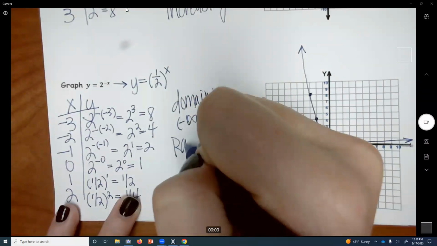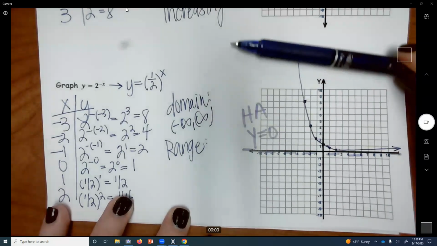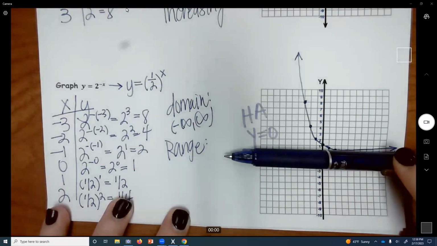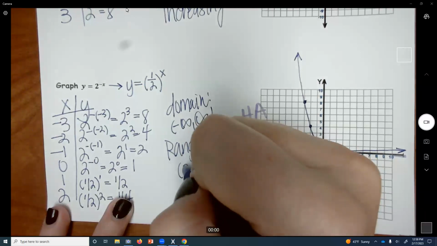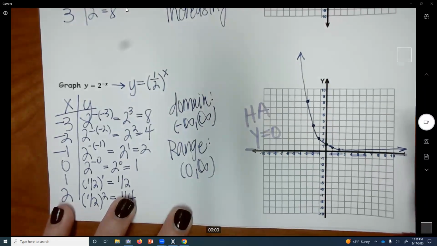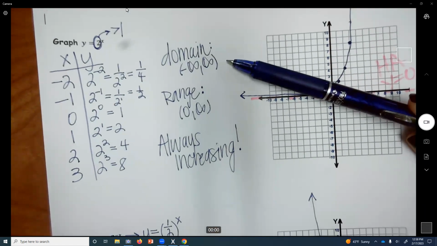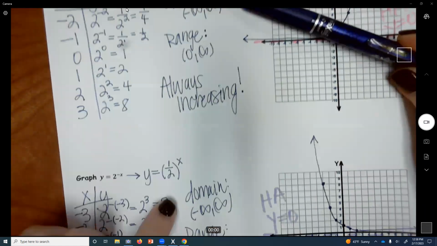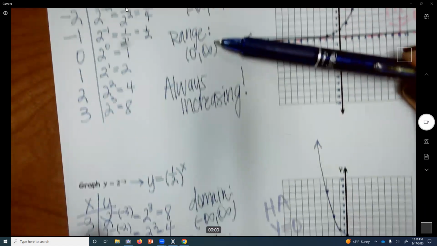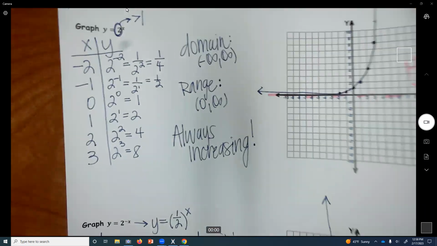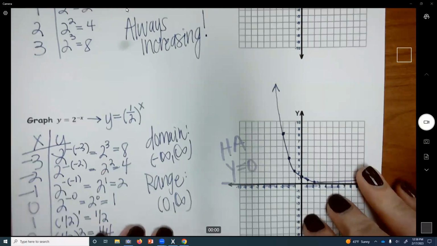My range, as I go from the bottom to the top, the first thing we go to is that asymptote that this is getting closer to. So this is 0 to infinity. And if you notice here, that's exactly what this was here. My domain was -infinity to infinity, and my range was 0 to infinity. So even though they look opposite, they have the same domain and range.